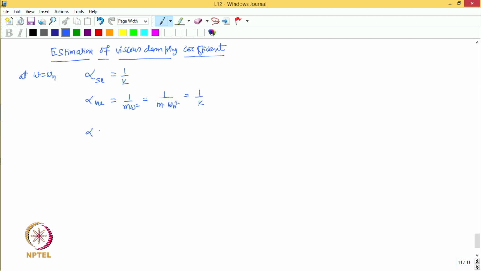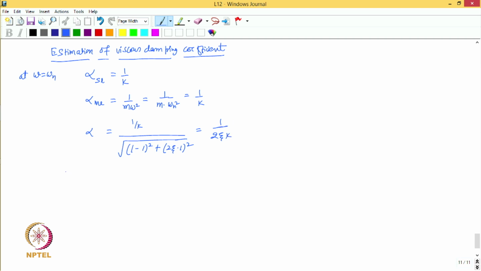And if I look at the magnitude of the FRF alpha itself, then that would be 1 by k divided by the square root of 1 minus omega upon omega n square whole square plus 2 zeta omega upon omega n whole square, right. So, at omega equal to omega n, this becomes 1 upon 2 zeta k, right.